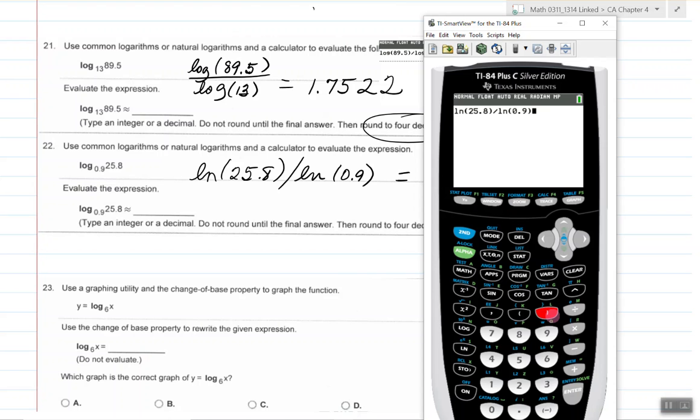There is no particular reason that I've done some of these with natural logs and some with common logs. I just want you to see you could use any base of a logarithm. So I get negative 30.85, and I will keep it 0, 0.